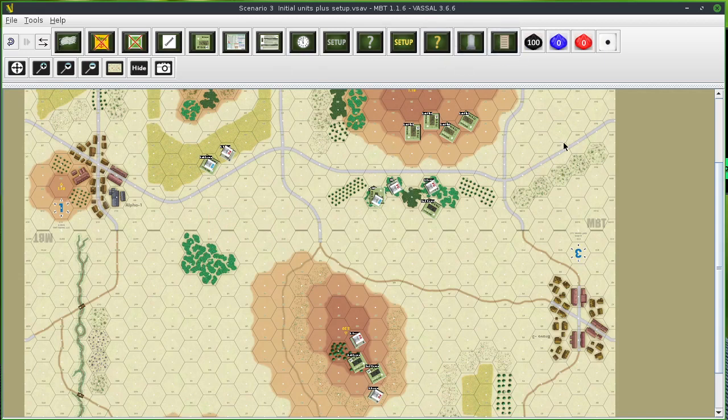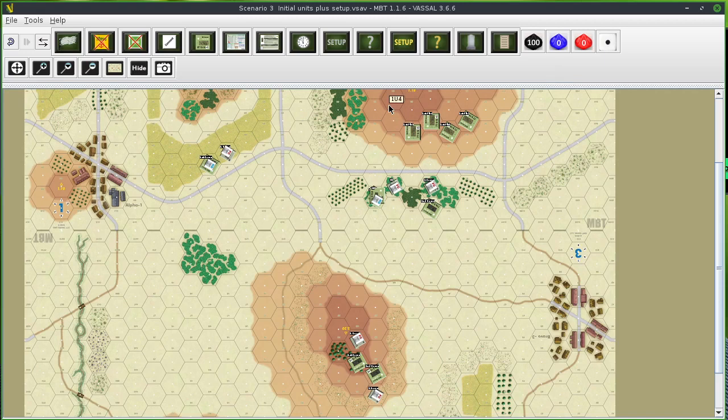One advantage of the forward position is I can take out the Soviet headquarters tank immediately. Their command range is 6.